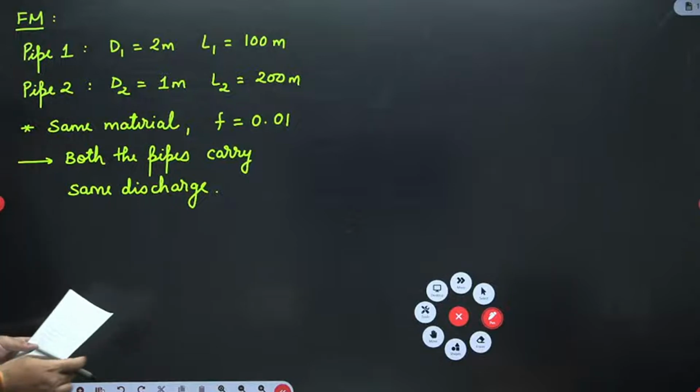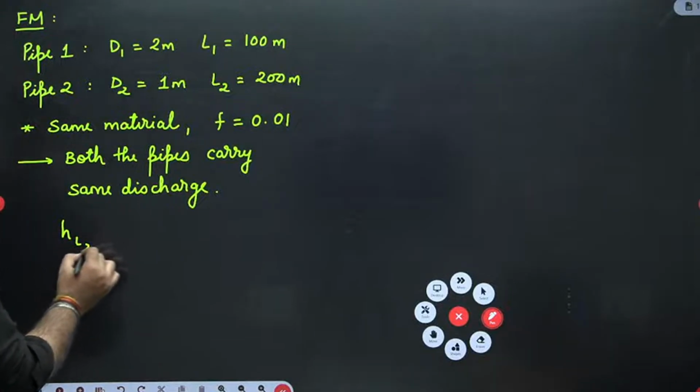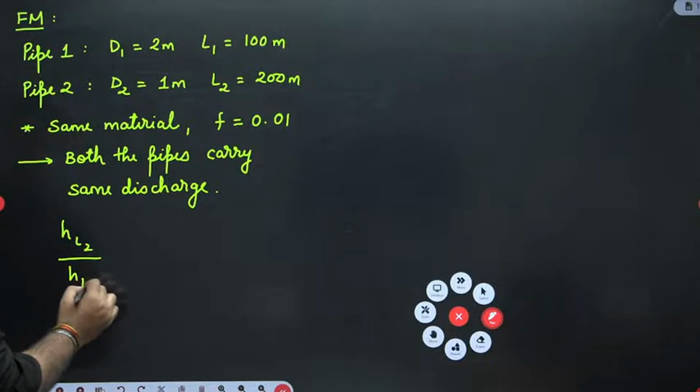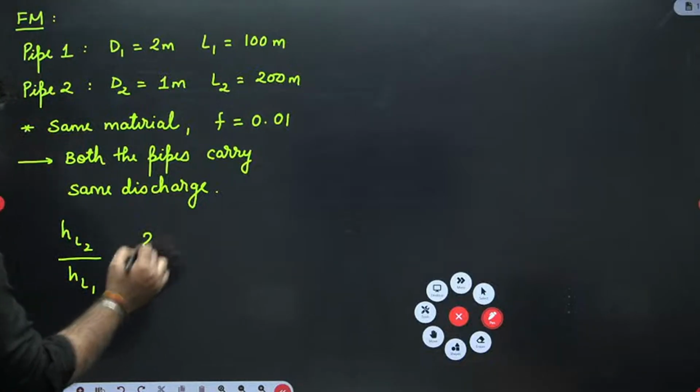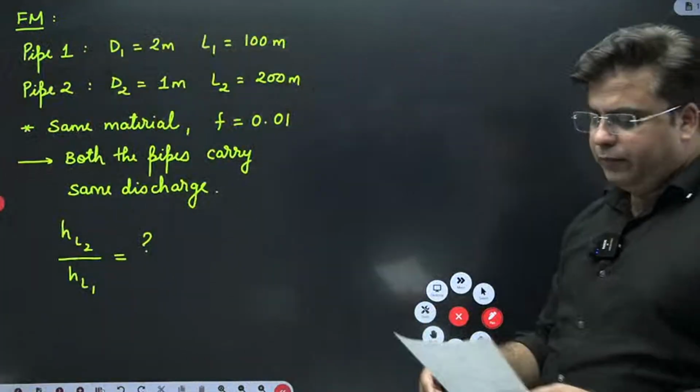So you need to find out the ratio of head loss, head loss for pipe 2 by head loss for pipe 1. You need to calculate the ratio of head loss for pipe 2 to pipe 1, right?